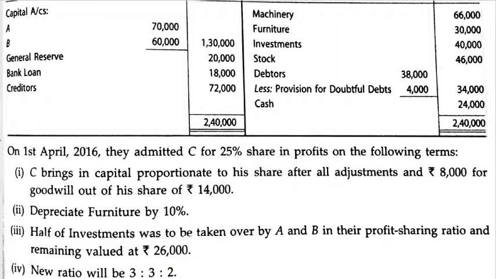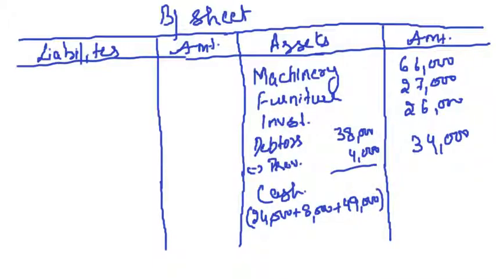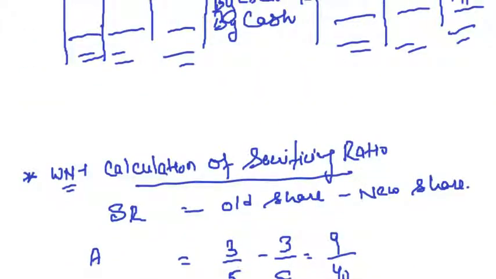Next, cash. Cash is 24,000. Is he bringing anything in cash? Yes sir. Goodwill of 8,000. Anything else? Yes sir. Capital of 49,000. So your cash will be 81,000. Anything else to appear on the asset side? Yes sir. C's current account.